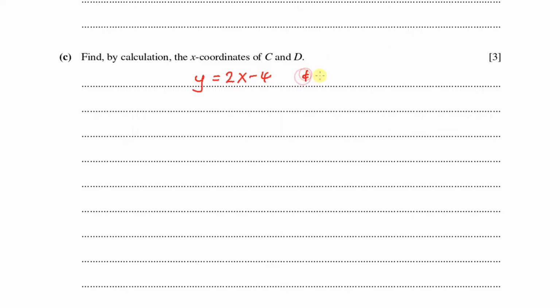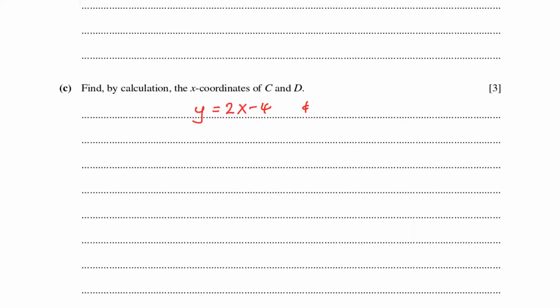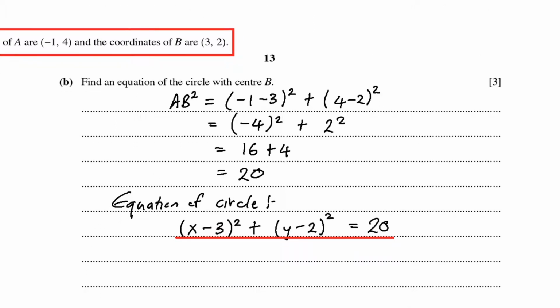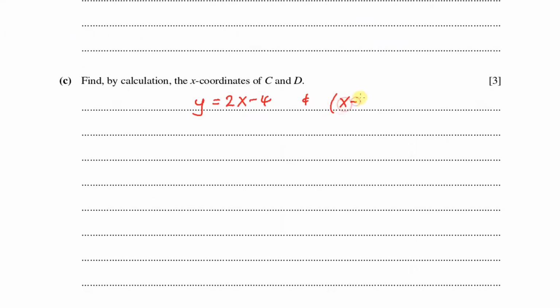And we also have the equation of the circle center B. We got it to be this, x minus 3 squared plus y minus 2 squared is equal to 20. So to get the points of intersection, which will give us the coordinates of C and D, I will have to work these two equations simultaneously.